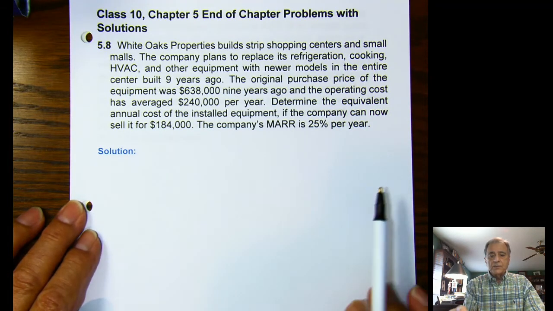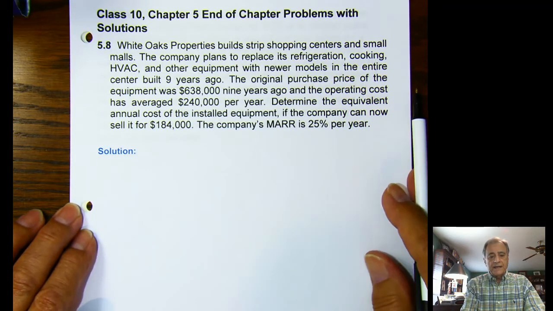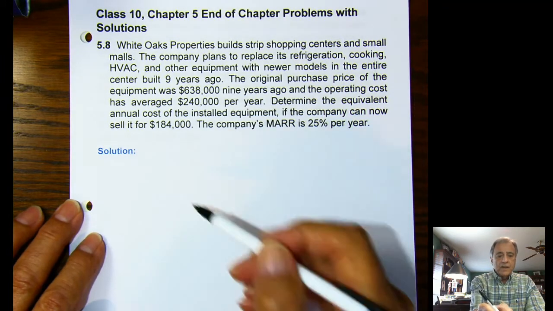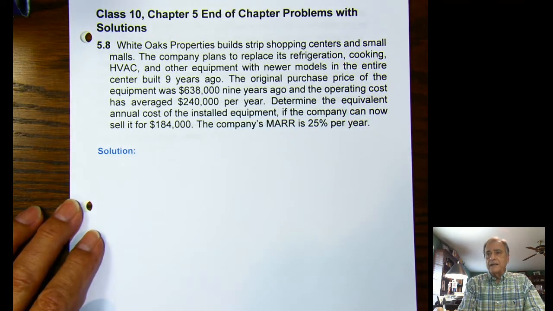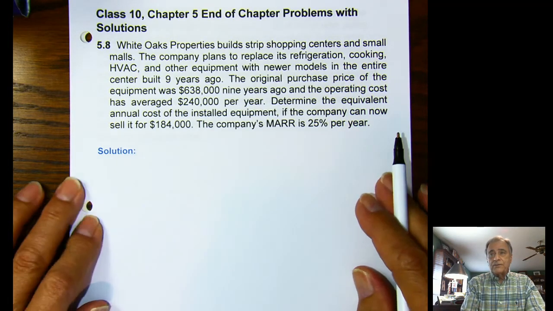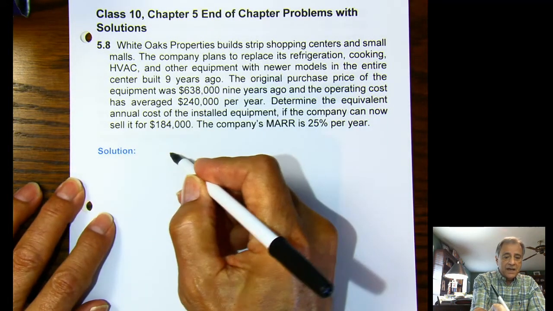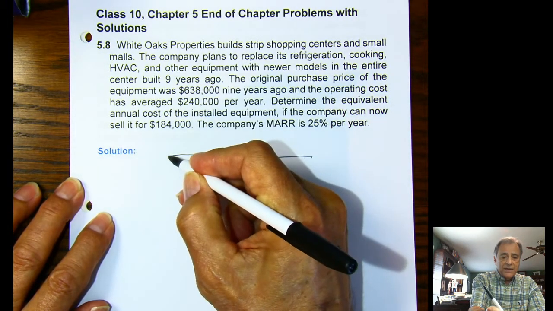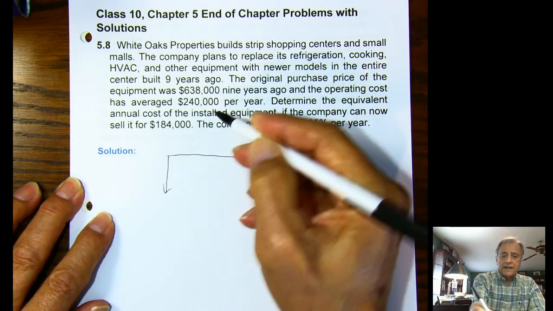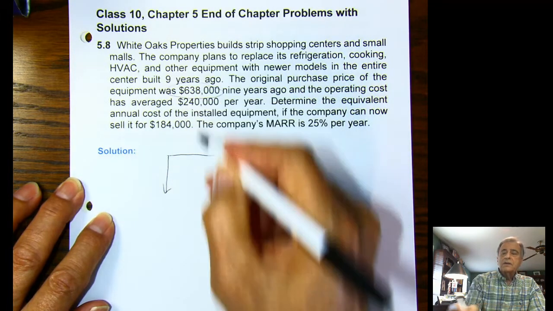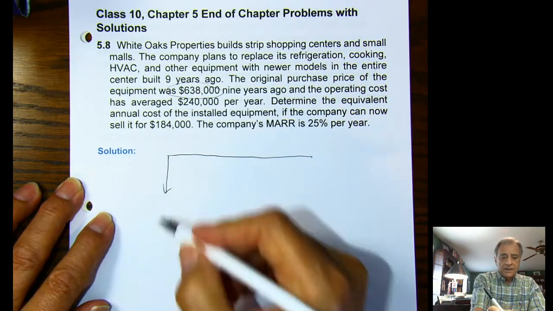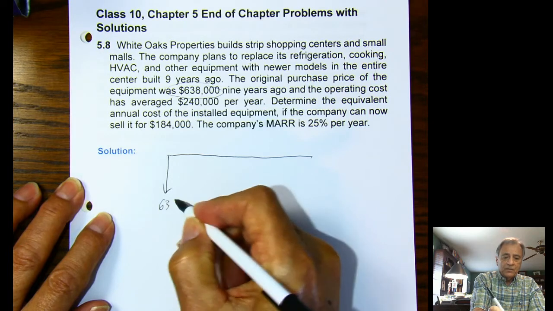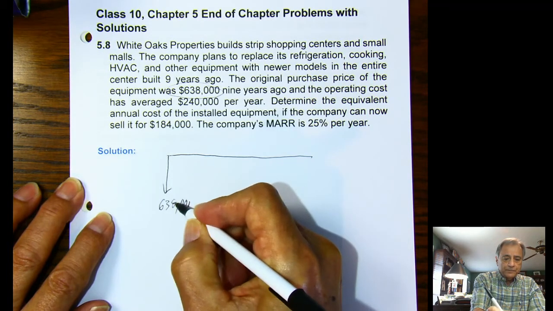So let's draw up a cash flow diagram, and we'll let 9 years ago essentially be the present time. So if that was the case, time zero is really kind of 9 years ago. Then we spent at that time $638,000 to buy this equipment.